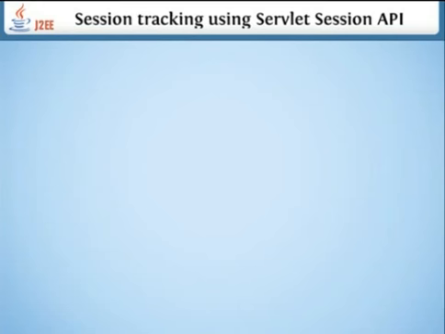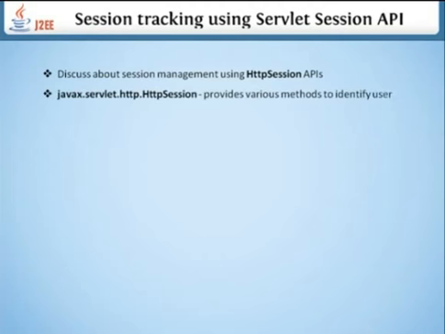It covers looking up the HttpSession object associated with the current request, creating a new session object if necessary, storing information in a session, and discarding a completed or abandoned session.